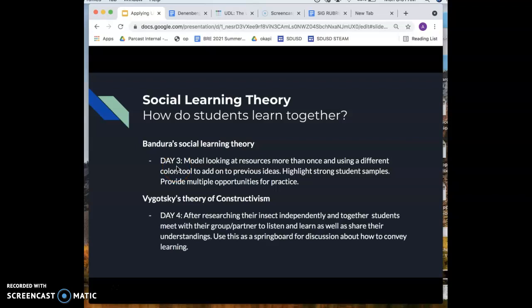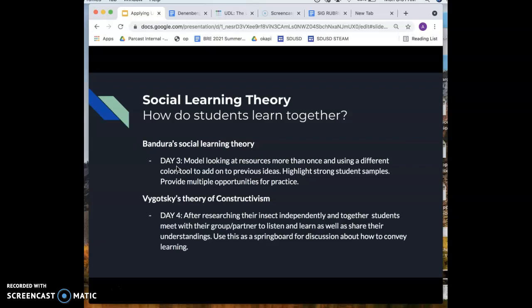On day 3, I model how to look at a resource for the second time and add more information to my notes after hearing something new or making a connection to what I had previously learned. I also model how to add on or change my thinking after discussing with a friend.